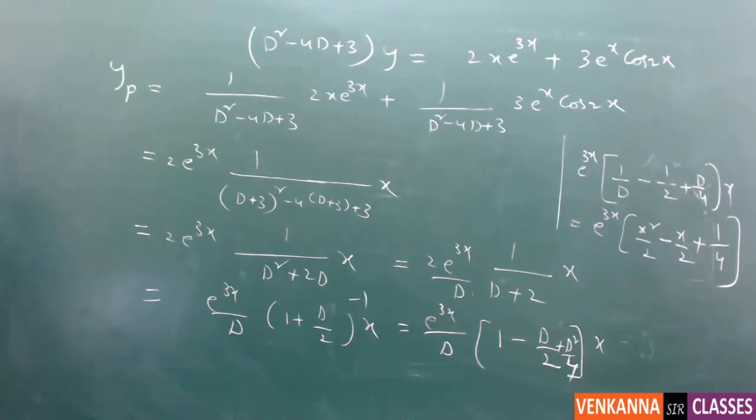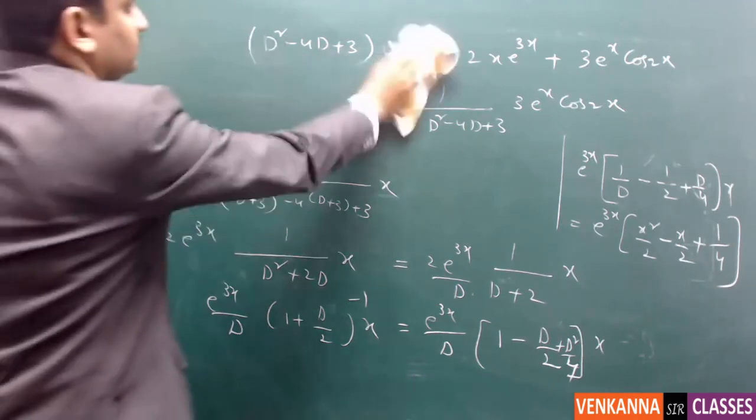If any step is confusing, highest power is 1, right? Let me give clarity over this.